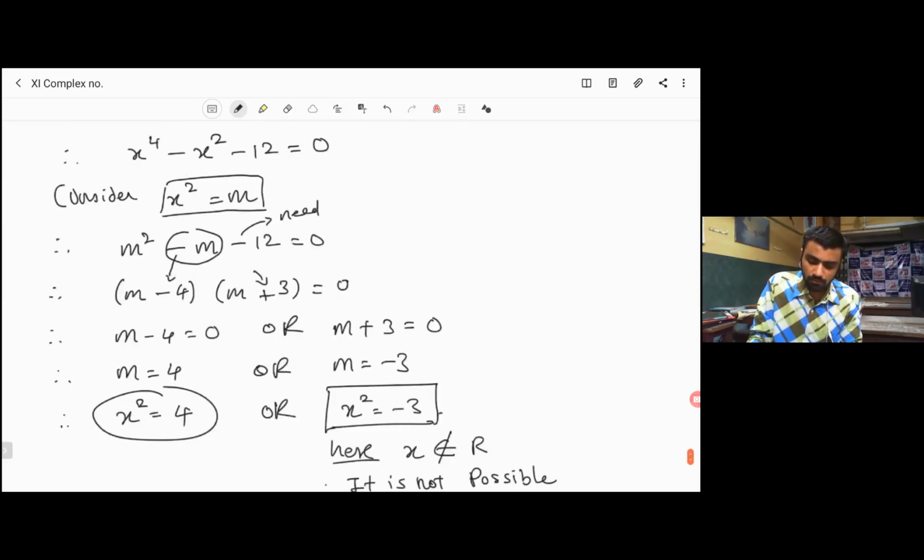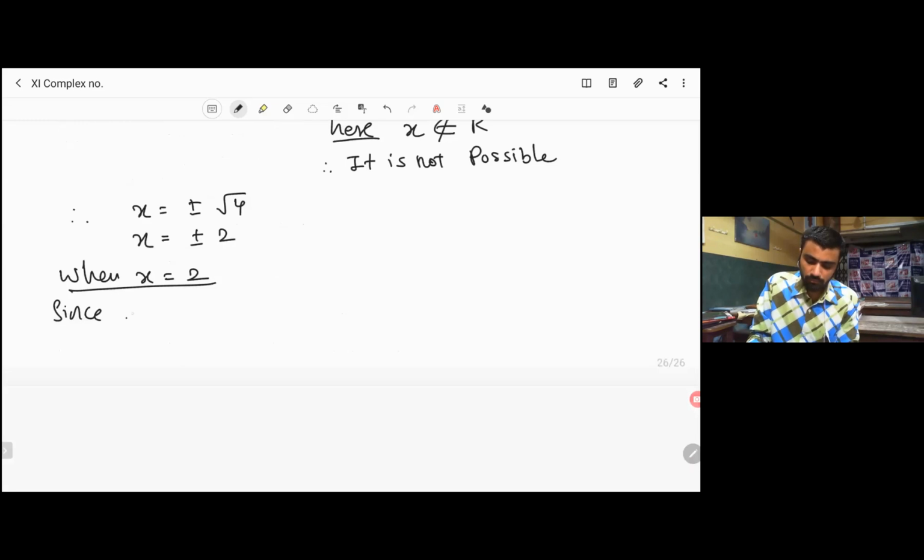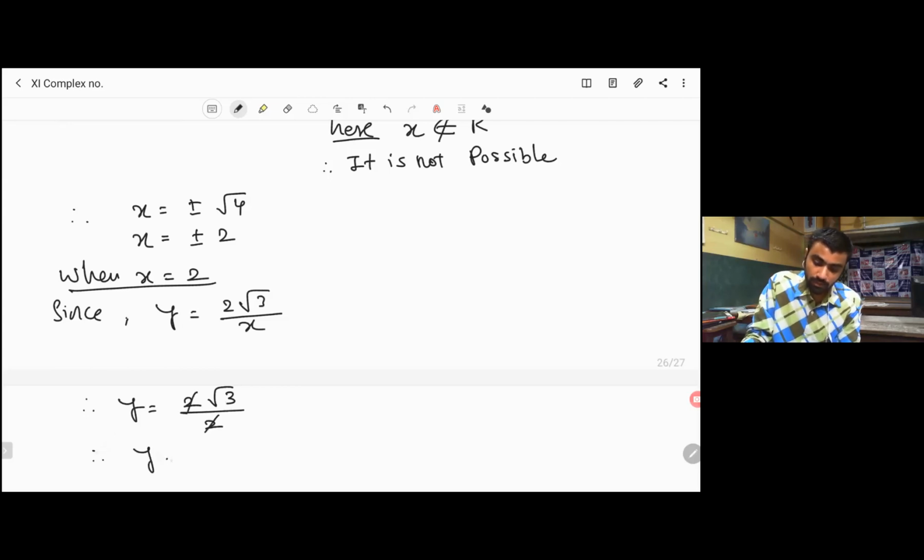Since y is equals to 2 root 3 upon x, therefore y becomes 2 root 3 upon 2, 2 to cancel. Therefore, y is equals to root 3.